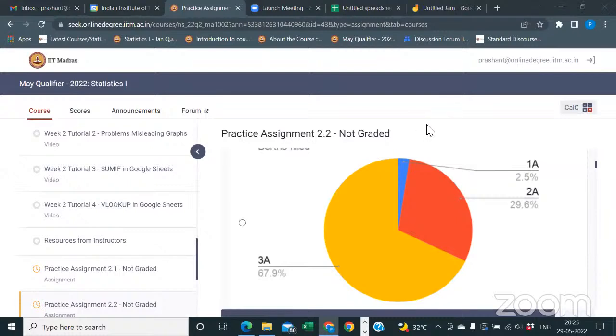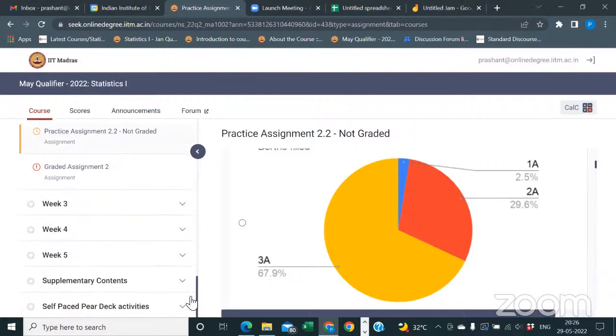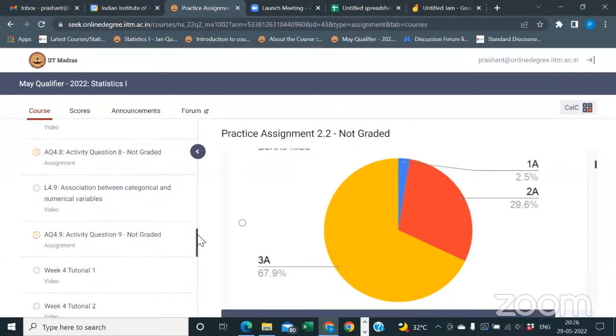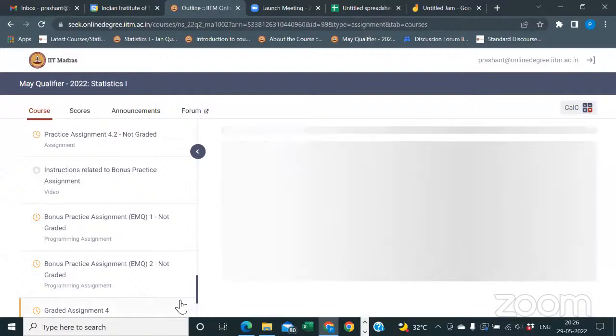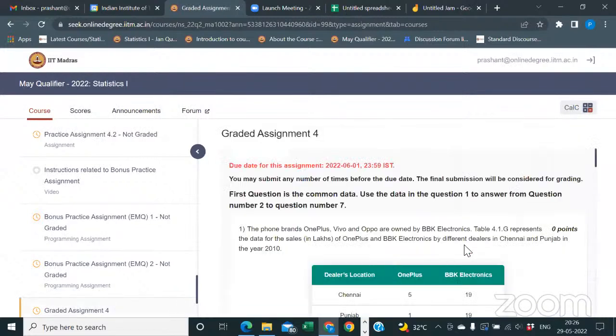Sir, in the week 4 graded assignment, question number 1 and question number 8 are showing 0.0, sir. Question number 1 and 8. See, that is for the general one. Are you able to see the data or not? See, what is the question?